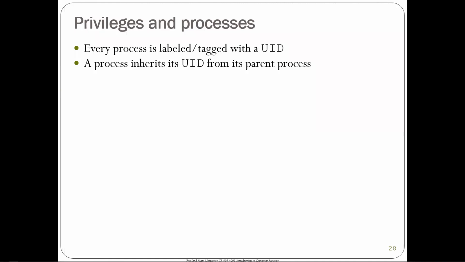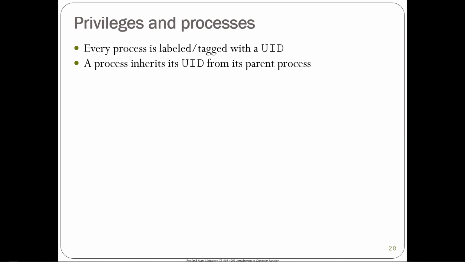When you are on a system and you're doing access control, one of the things that you will need to do is manage privileges, escalating them and de-escalating them. And so on Linux, the basic privileges are associated with the UID. So every process is labeled and tagged with a UID. And this process inherits the UID from a parent process.